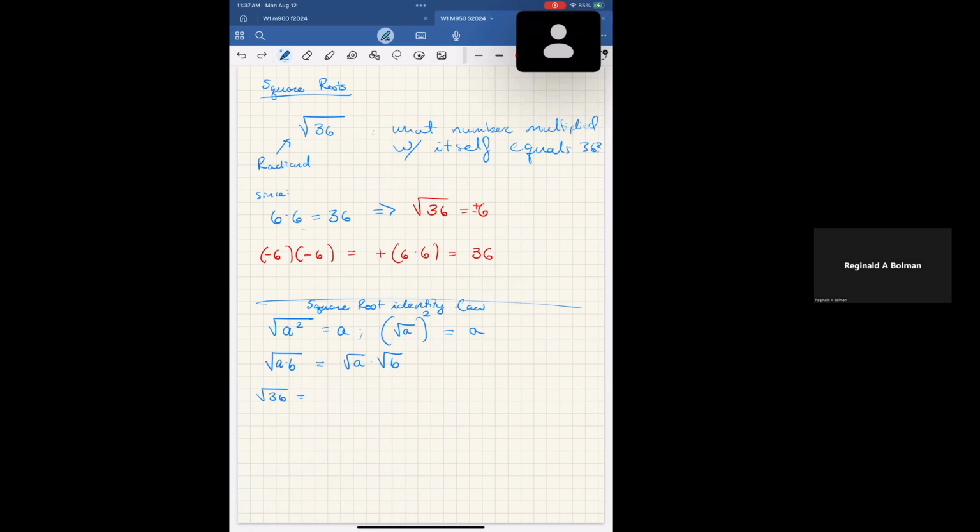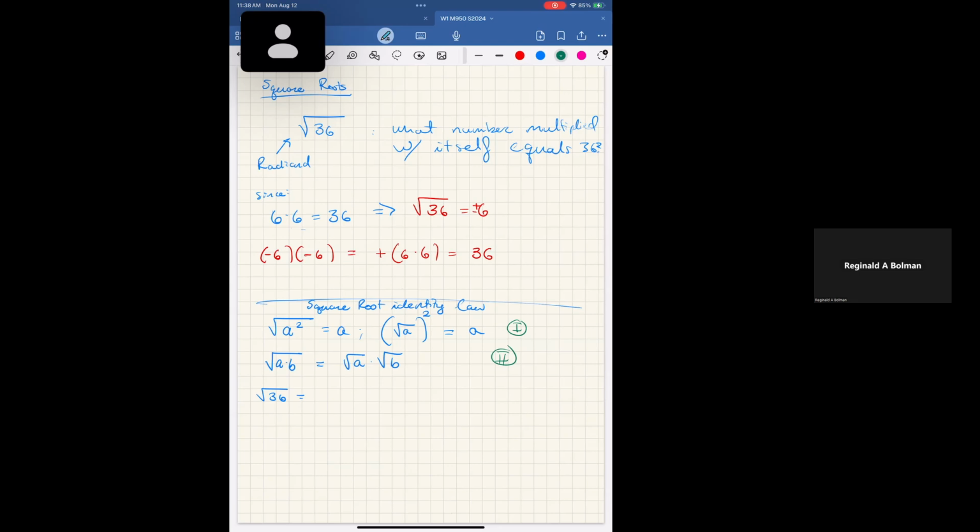But there's also another reason why we can get to the conclusion that it must equal 6. Yes, obviously it satisfies the definition, but if we use this first and second property, we can also prove that we'll get 6 either way.